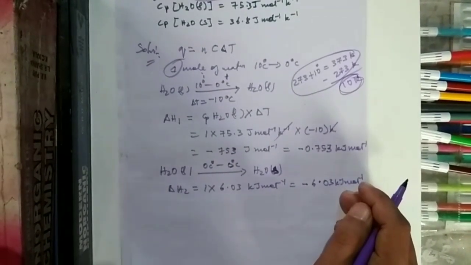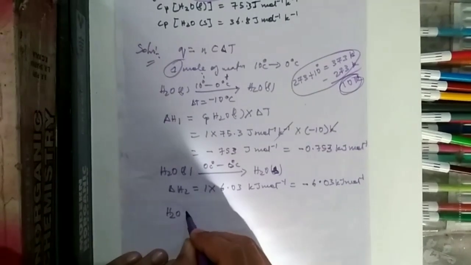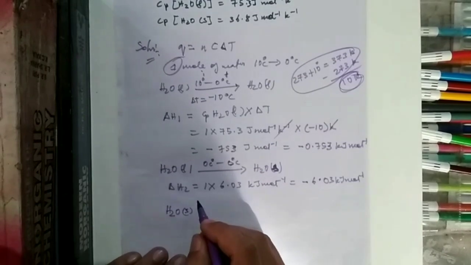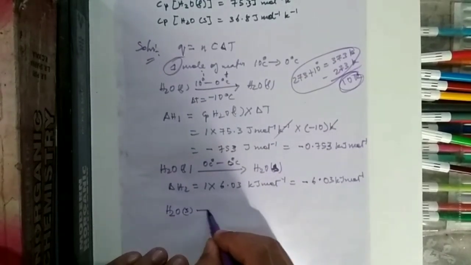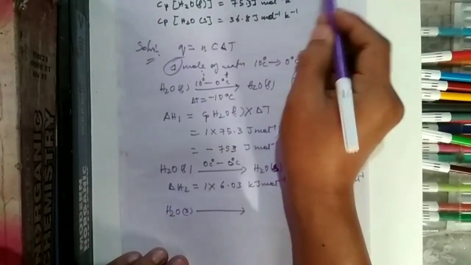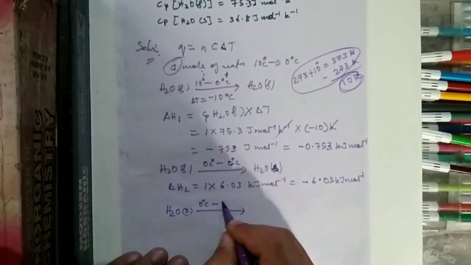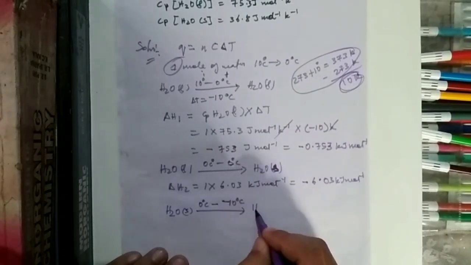Next, the third one. Now H2O, this one solid. So the enthalpy change here: it will be solid now, from 0 degrees Celsius to minus 10 degrees Celsius.